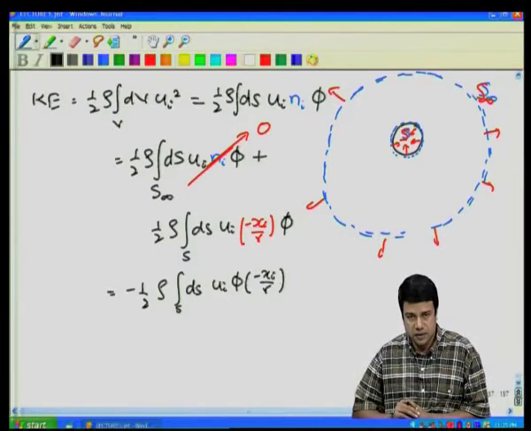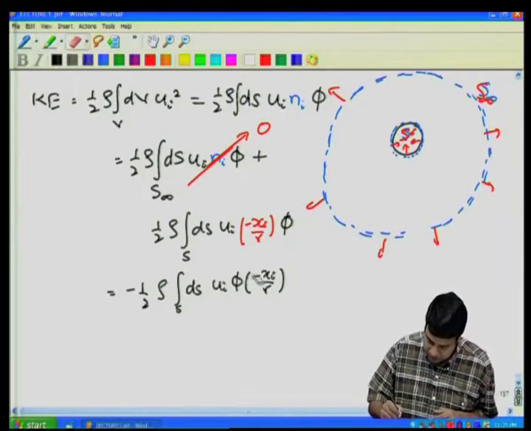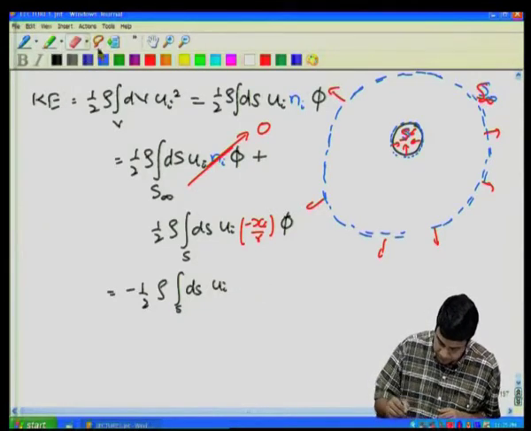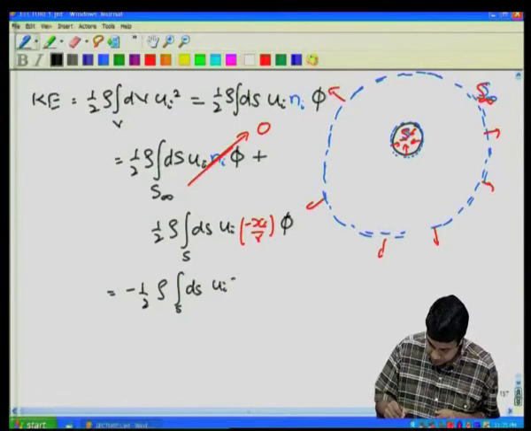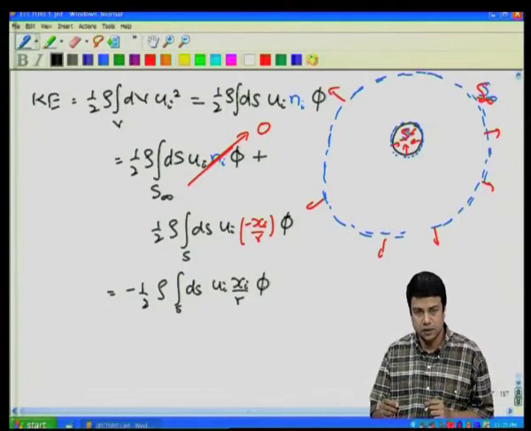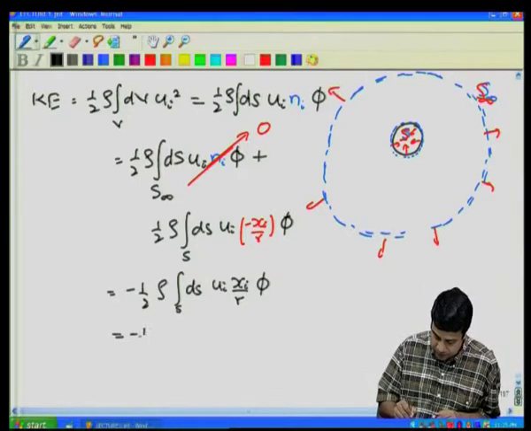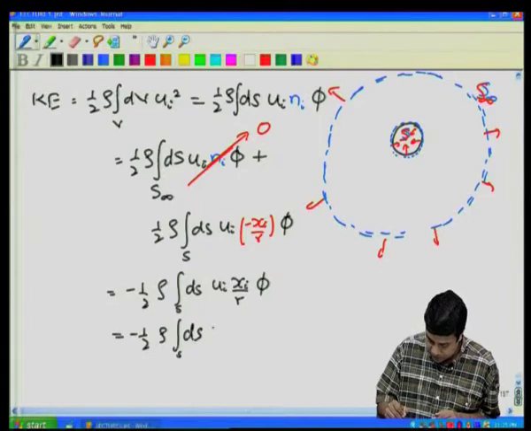And I know that on the surface u_i n_i is equal to capital U_i times n_i phi. There is a sign mistake here. Therefore, I can write this as minus half rho integral over the surface S of capital U_i x_i by r times phi.